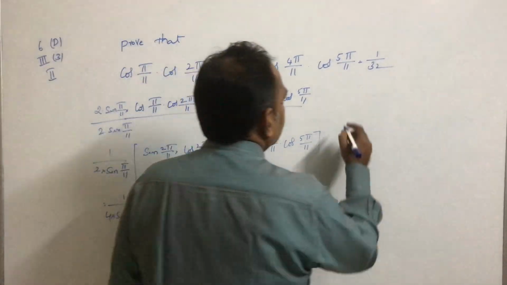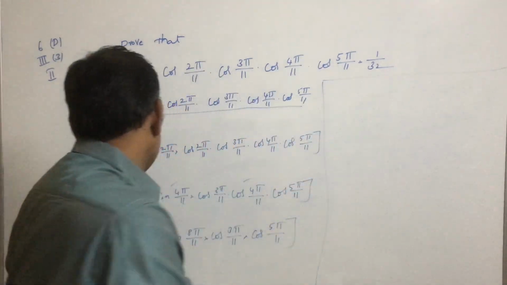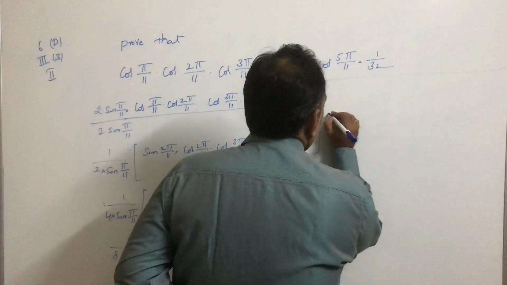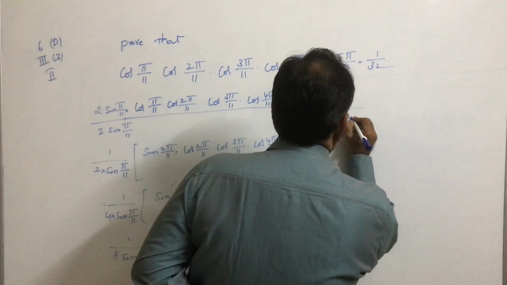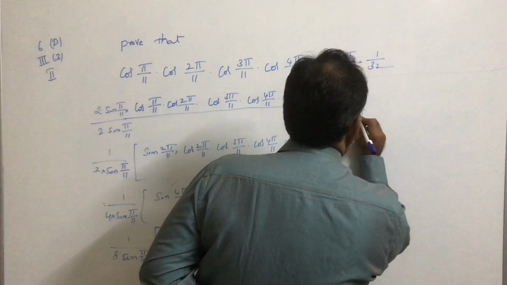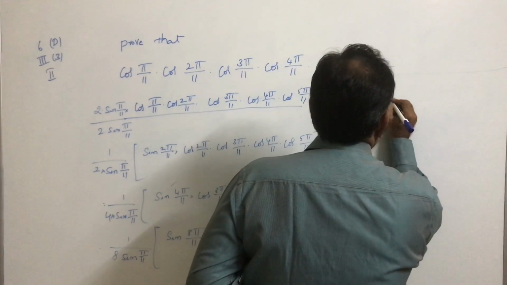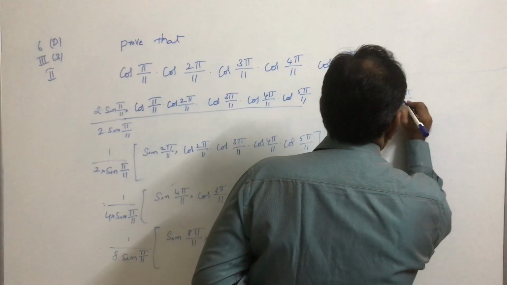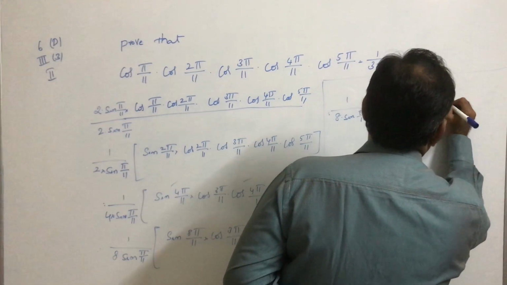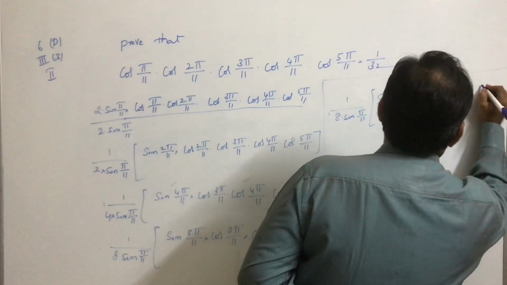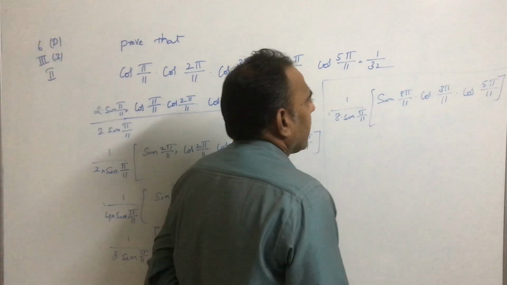Okay, write down here. Finally we have 1 by 8 sin pi by 11 into bracket sin 8 pi by 11 into cos 3 pi by 11 into cos 5 pi by 11.